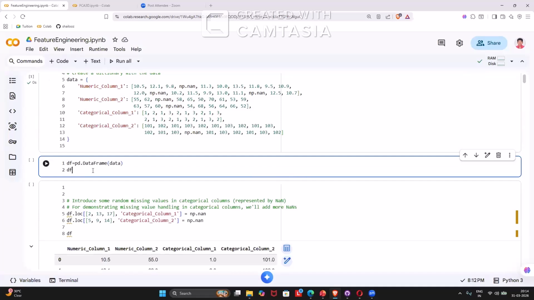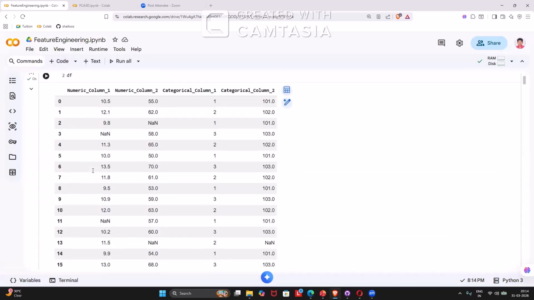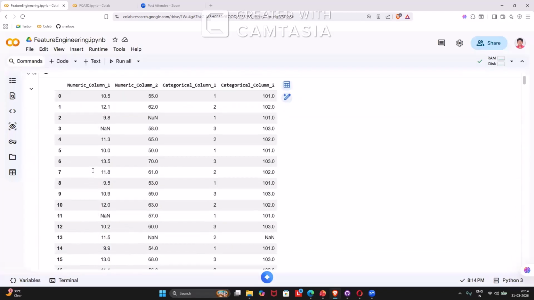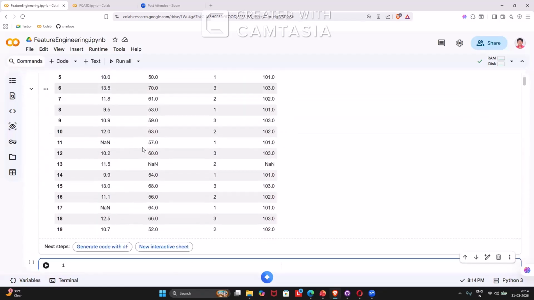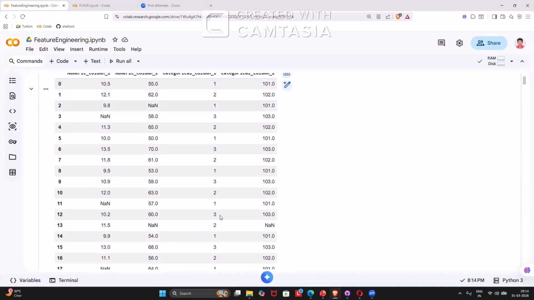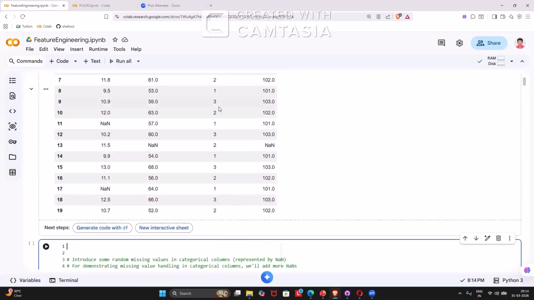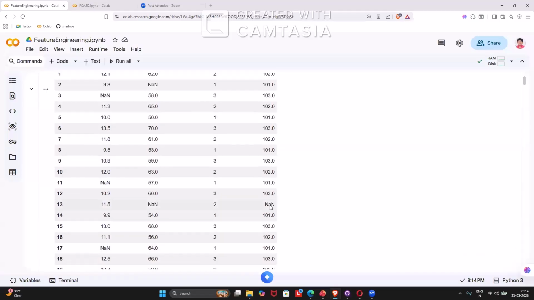So then I'm creating that into a Pandas data frame. So this is a NumPy array and this is a Pandas data frame. And again, these columns do not have any null values. This column has no null value, and this one has only one null value.